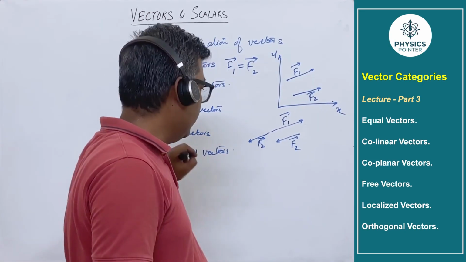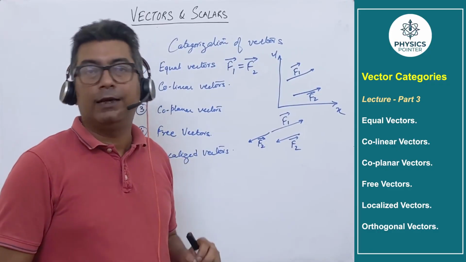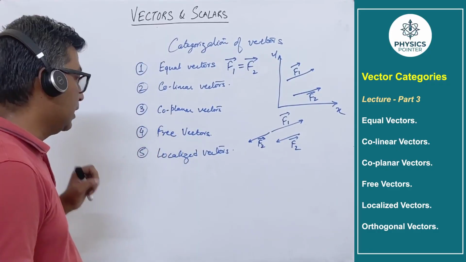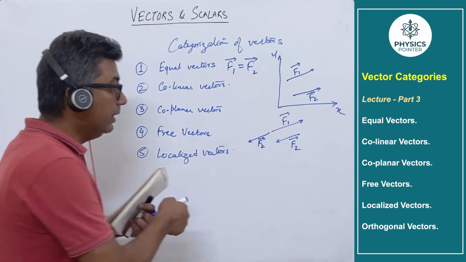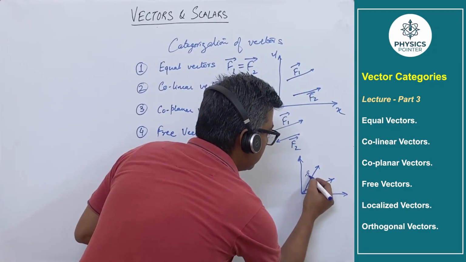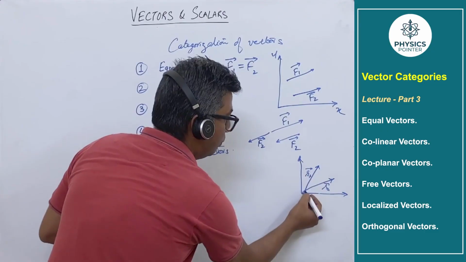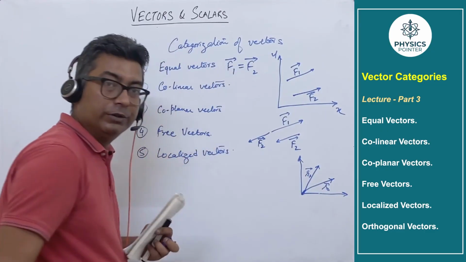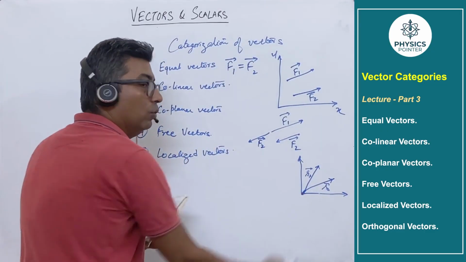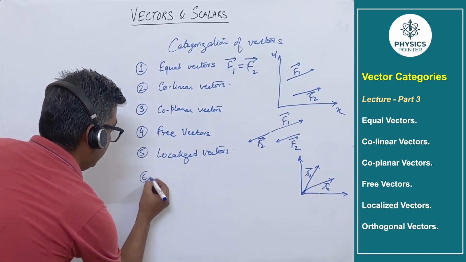Wherever it is starting, it has to be exactly at that position. Some of the examples that I gave earlier, I told you an example of position vectors. That was RA and RB. So the position vector is bounded by the origin. So these are localized vectors. Clear?